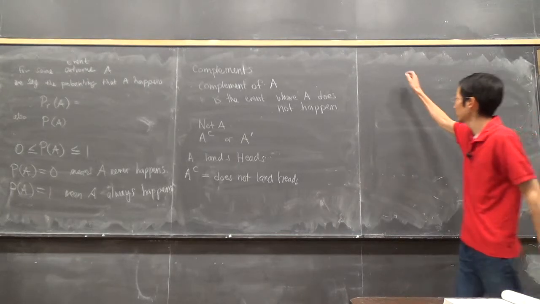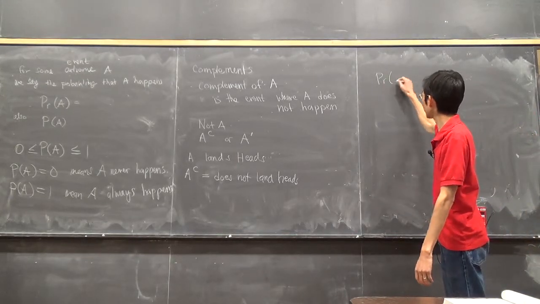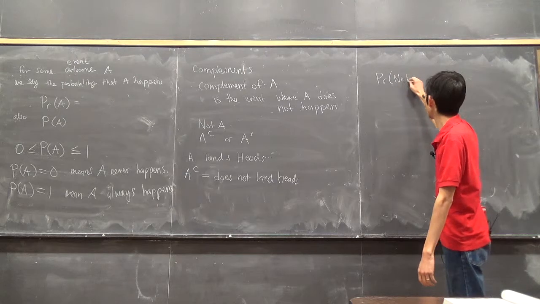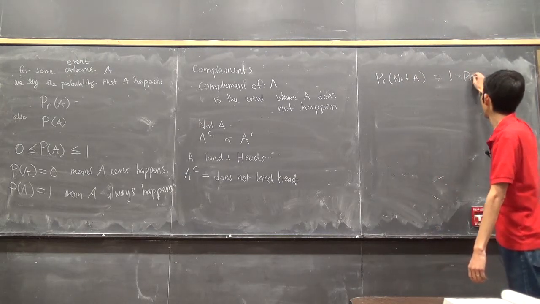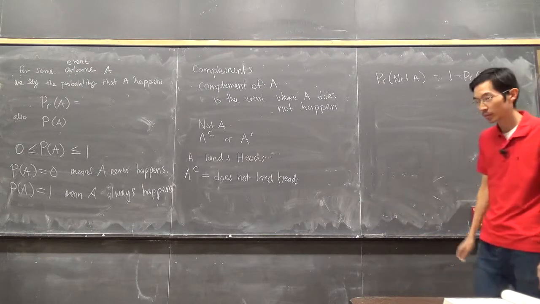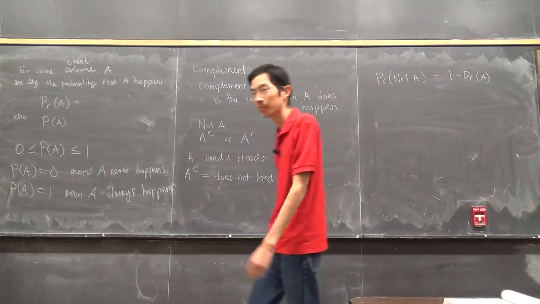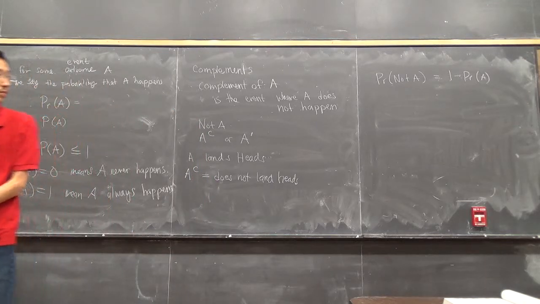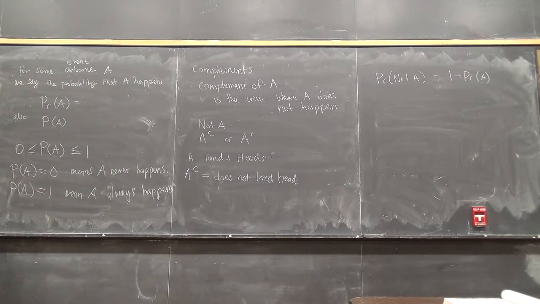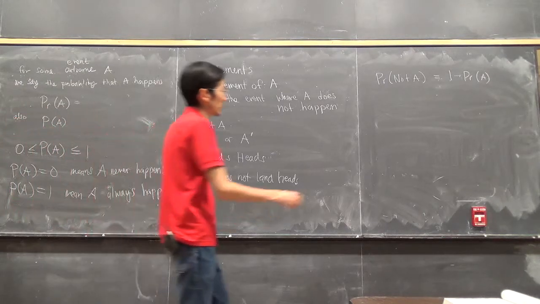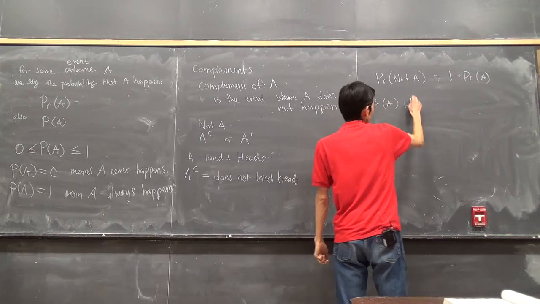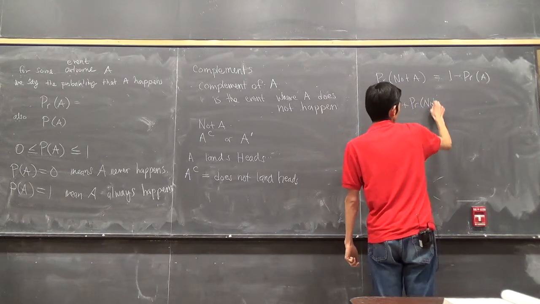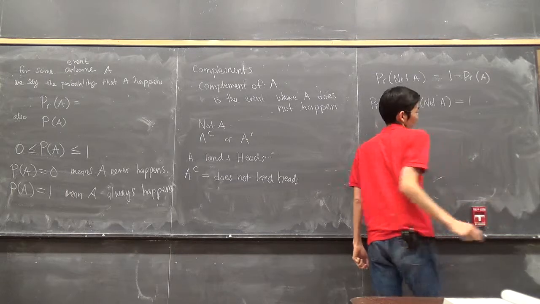So the probability of not A is equal to 1 minus the probability of A. That means the probability of A plus the probability of not A equals 1.